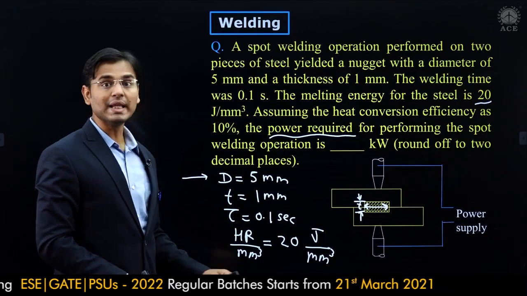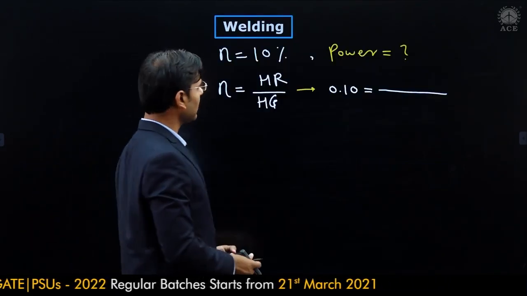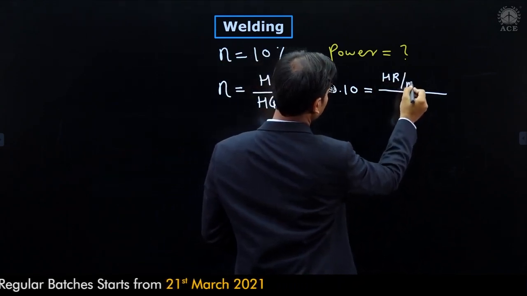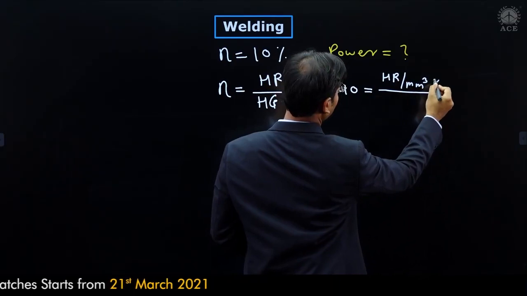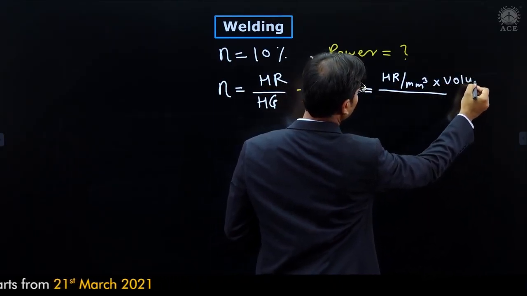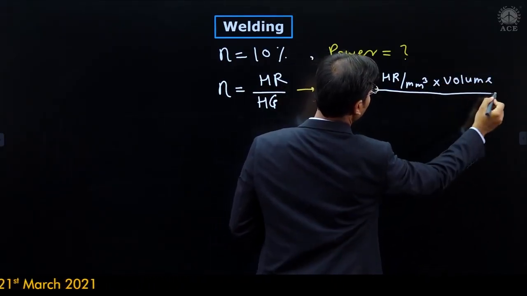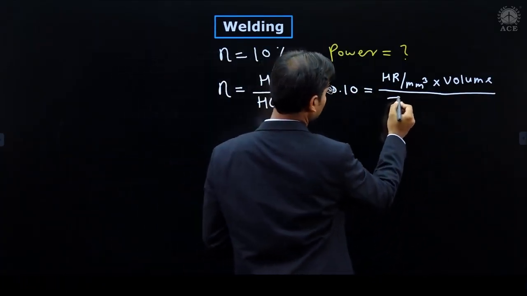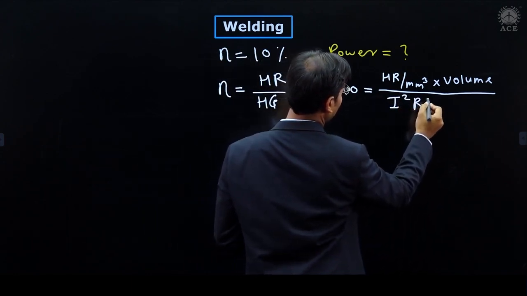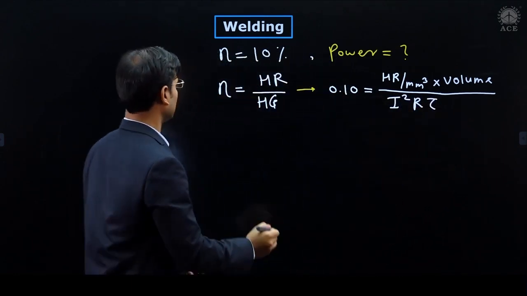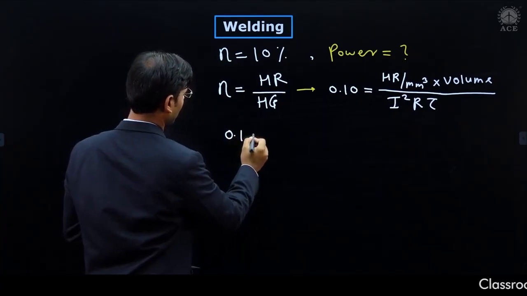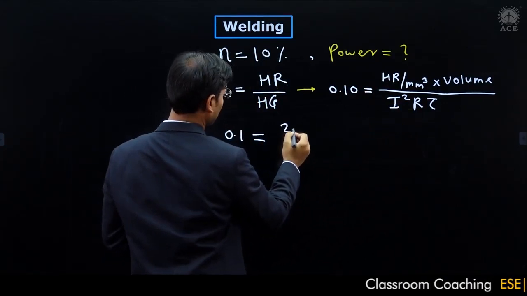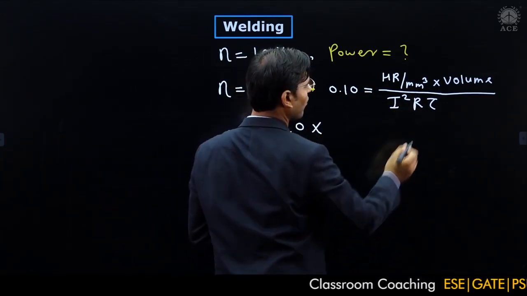Then I am writing here heat required per millimeter cube into volume, correct, divided by heat generated. What is the formula for heat generated? I square R into tau. See, 0.1 is equal to heat required per millimeter cube, that is 20, into volume.